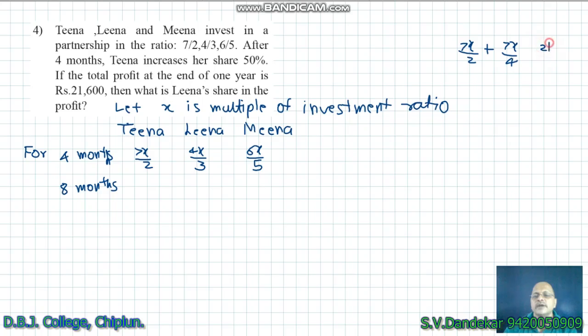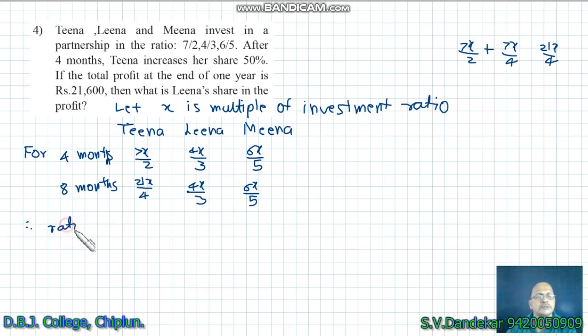It is 21x upon 4. So for 8 months her investment is 21x upon 4. Lina's investment is 4x upon 3 and Meena's investment is 6x upon 5.